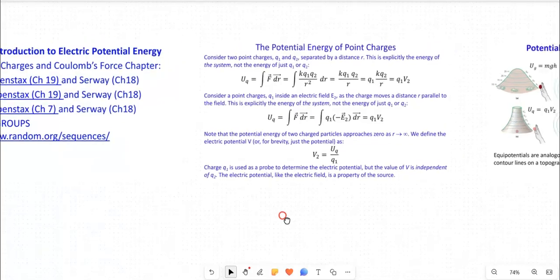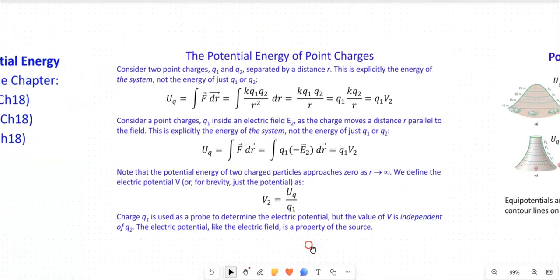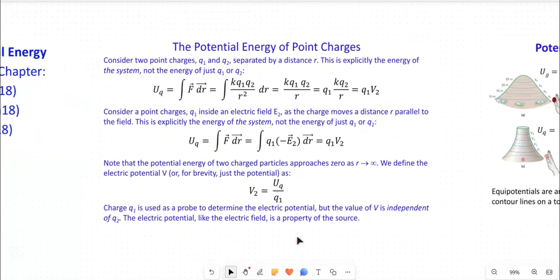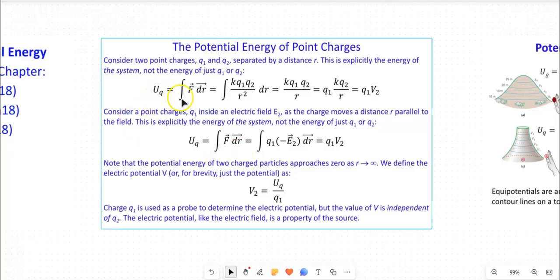So starting off, this is the derivation, or how we got to calculate the potential energy of point charges due to another charge causing a force on it. Potential energy, if you remember from your 111 and 121 courses, is the integral of force versus distance, right?